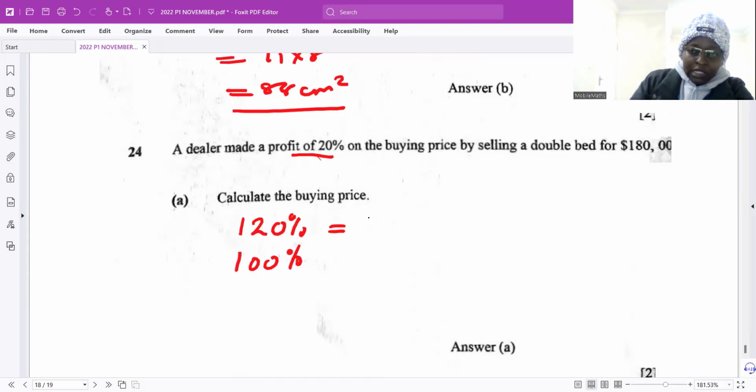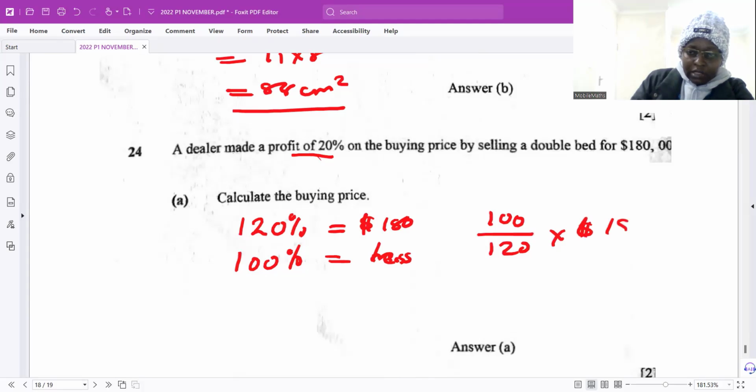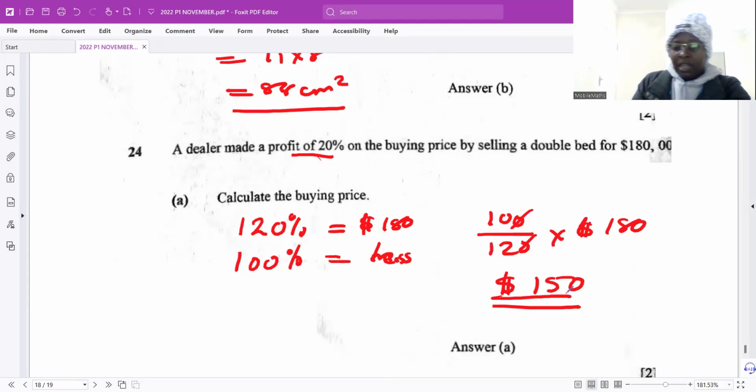So the selling price is $180 here. What is this one? It's gonna be less, isn't it? So I can say 100 over 120 times $180. Zeros cancel, so I have 12 into this one. We can multiply. I'm getting $150. So this is the buying price.